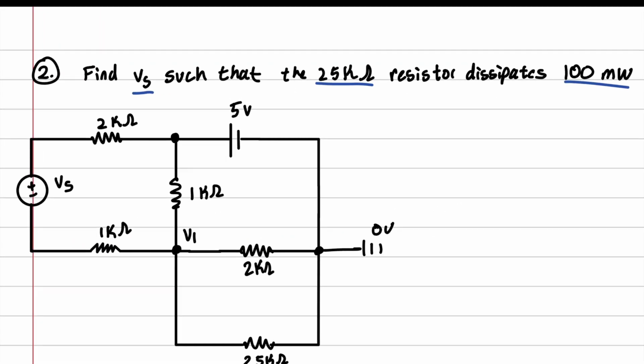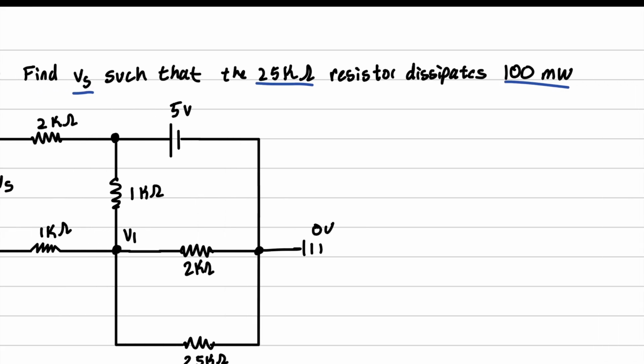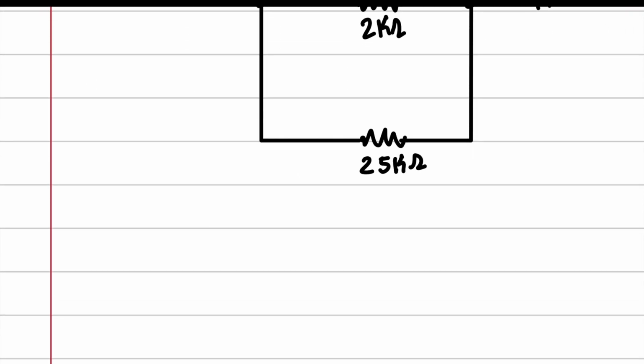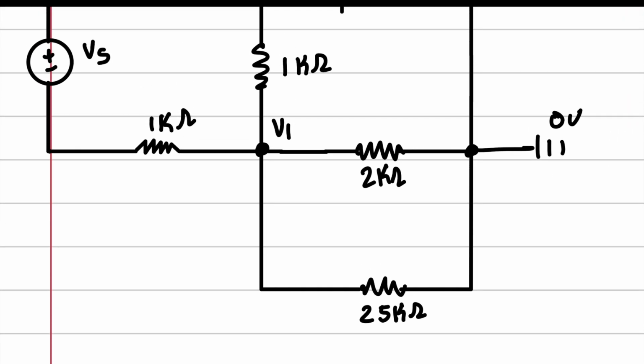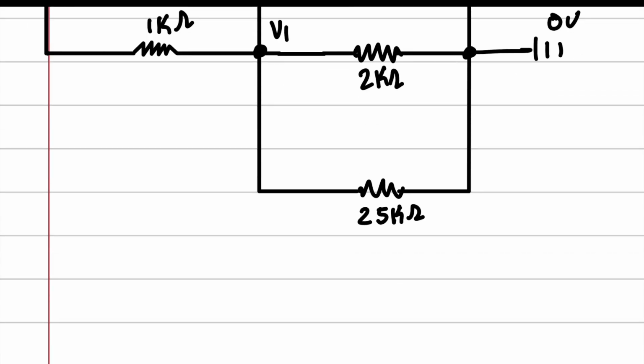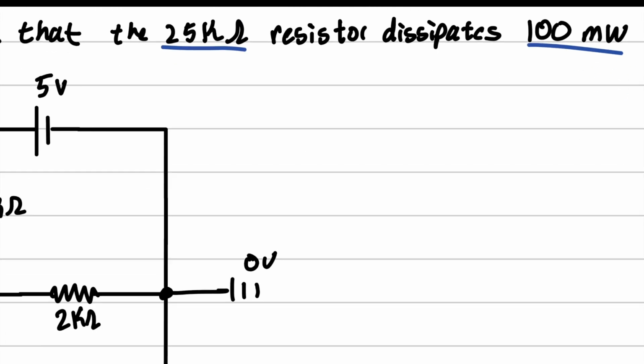Okay, here's the next problem, guys. It says find Vs, this one, such that the 25 kilo ohm resistor dissipates 100 milliwatts. So in this one, we have the power here, okay? So power here is 100 milliwatts.